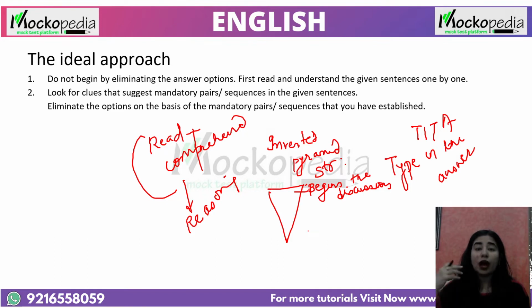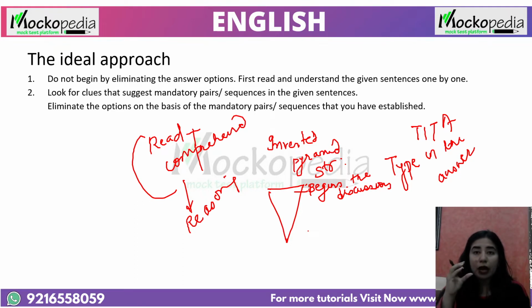Now, we will look for mandatory pairs. What are mandatory pairs? Mandatory is compulsory, and pair is a group of two. So we would be looking for two sentences which go hand in hand. How these details are to be identified, and how you solve a parajumble, we are going to discuss in detail.